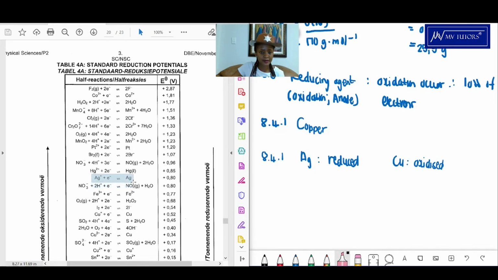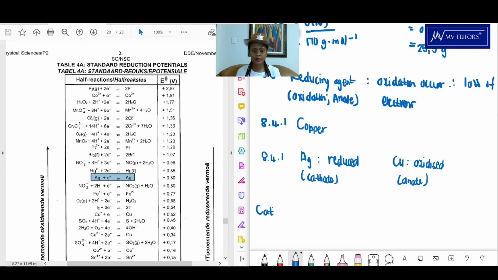So silver is here. Okay, so we said silver is reduced. And remember, if it is reduced, it means that it is the one on the cathode. And if it's oxidized, it's on the anode. So at the cathode, whatever is written, the way it's written on the table, you take it as is.